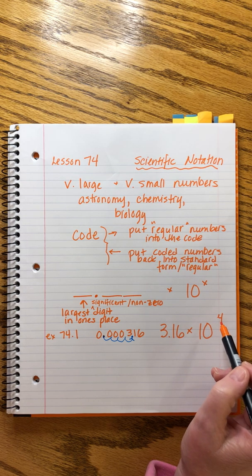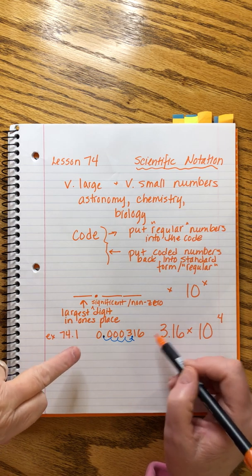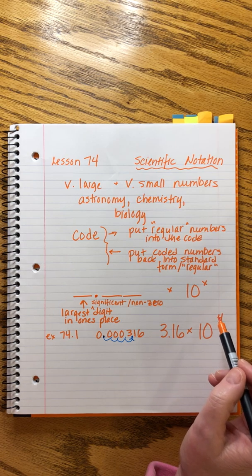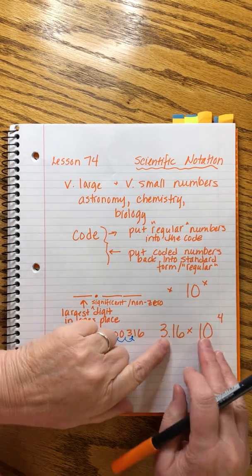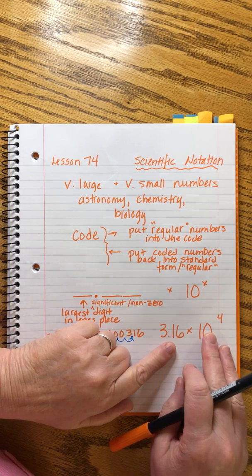Now, here's the trick. When we're putting a number into the code, the minus or plus sign is there to help us when we move this number back into its standard form, okay?